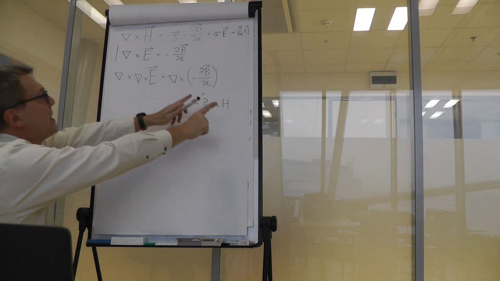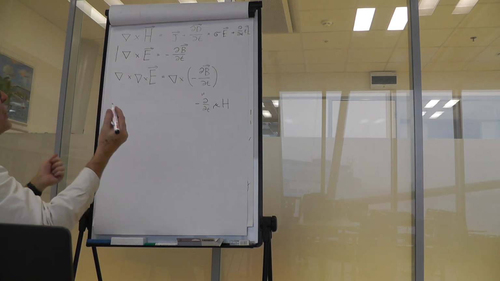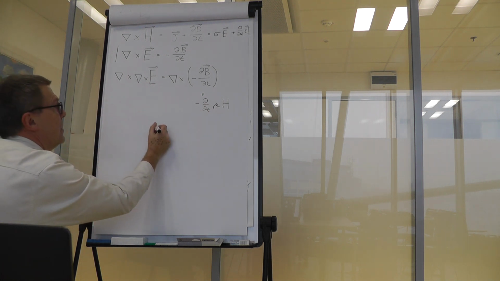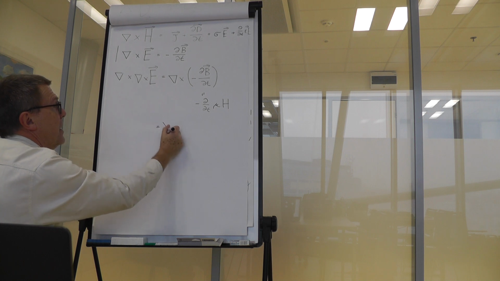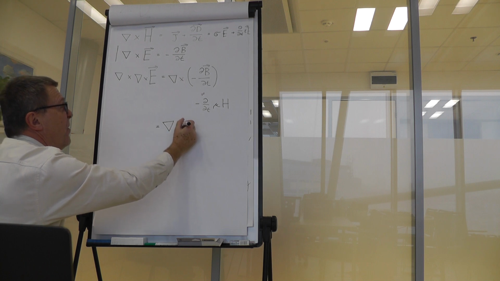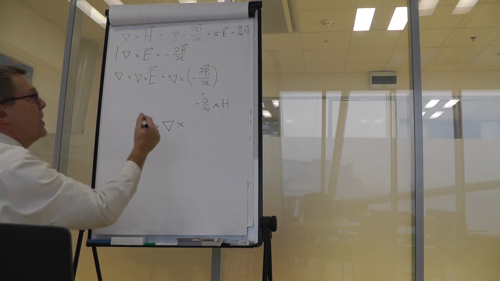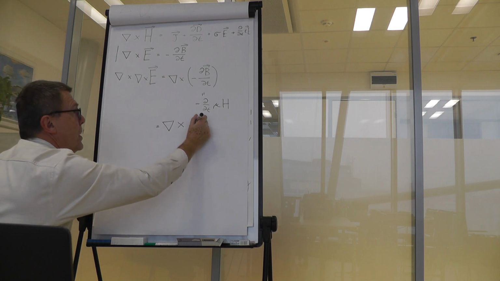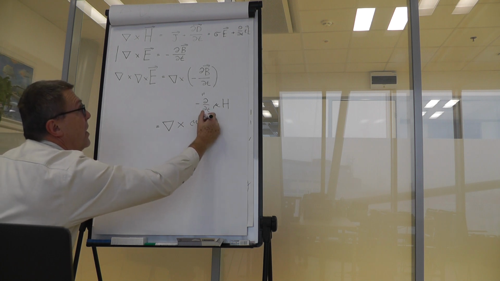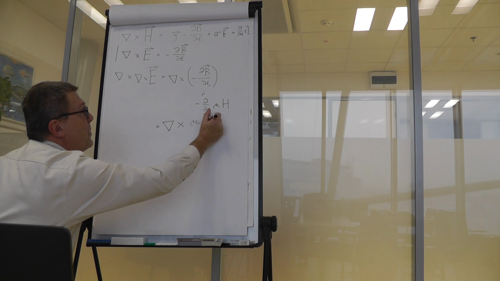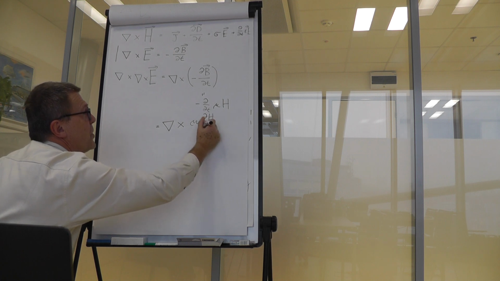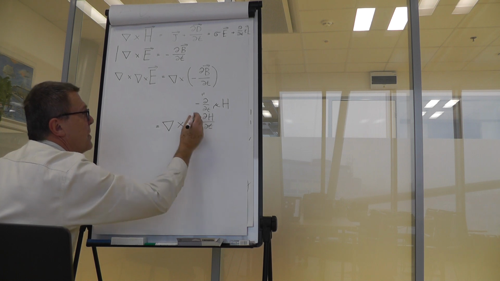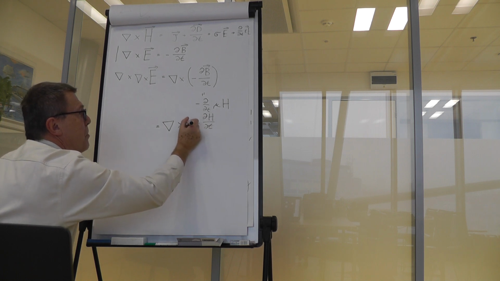Now the right hand side of this equation reads nabla vector product with mu time derivative of h against time derivative, and we have minus here.